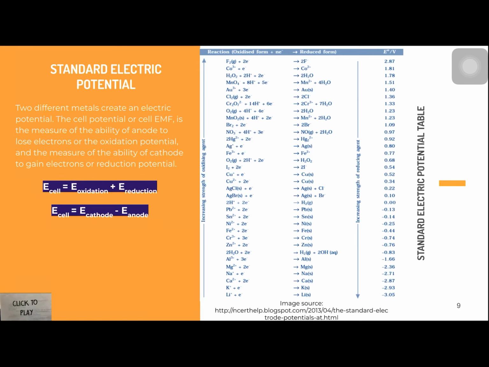The standard cell potential is denoted by a degree sign as a superscript. To summarize, E cell is measured against the standard hydrogen electrode. The concentration should be 1 molar, pressure equal to 1 atmosphere, and temperature equal to 25 degrees Celsius. The example in this slide shows some values for standard cell potentials.